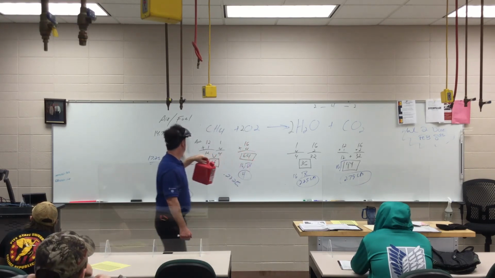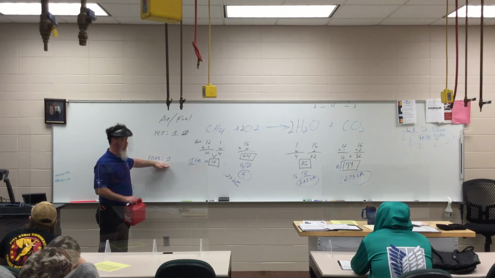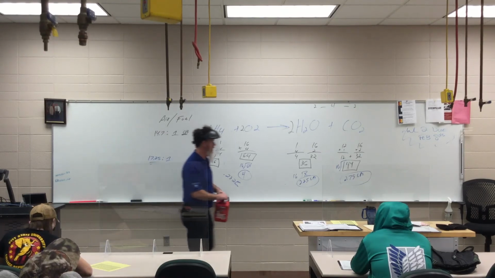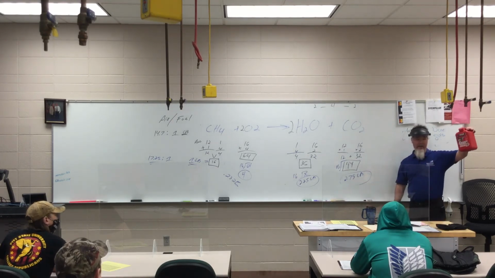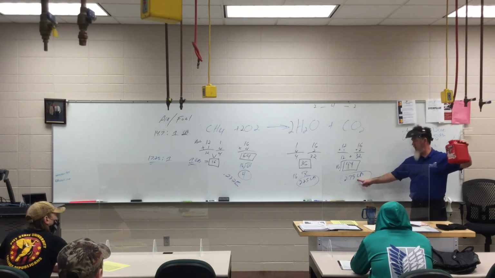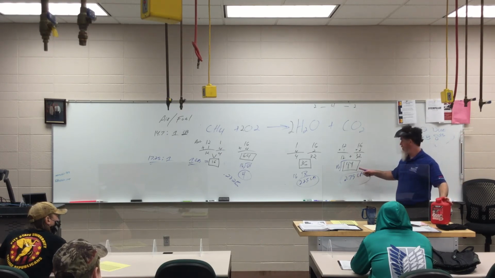Here's the deal: stoichiometric air fuel ratio is in 1 unit of measurement, pounds or grams, versus CO2 comparison, which is in gallons. So I have to take this number and convert it into pounds per gallon.